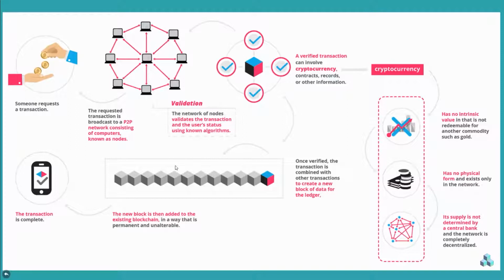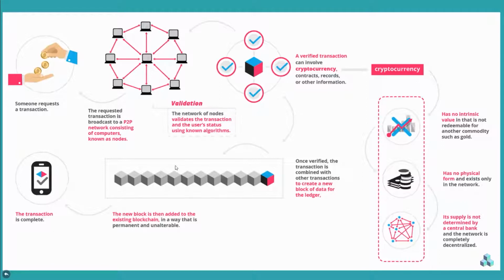So a lot of things would be involved in confirming this transaction and verifying that it indeed is a valid transaction. And once this validation process is completed, since it is a distributed network, it's going to go through a lot of computers or nodes in the Bitcoin network, and this would basically verify the transaction.